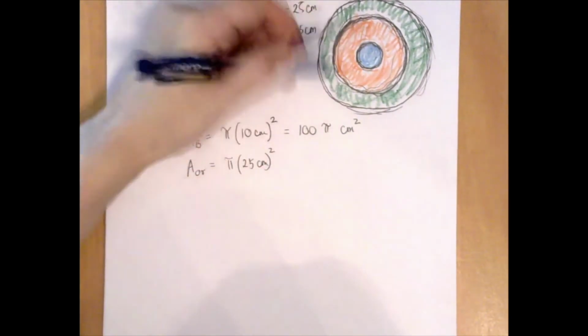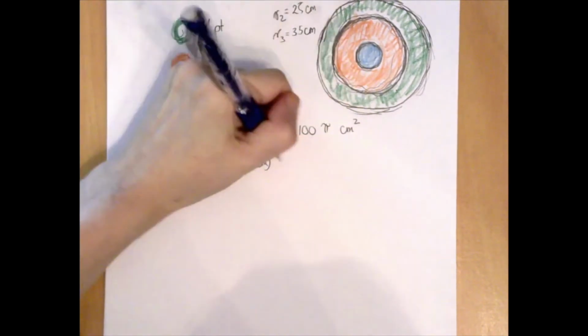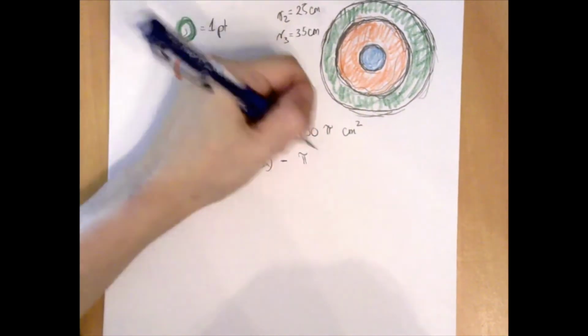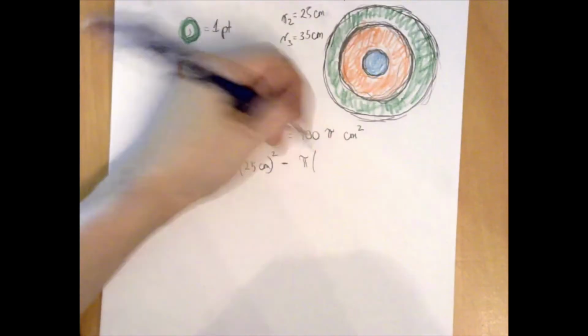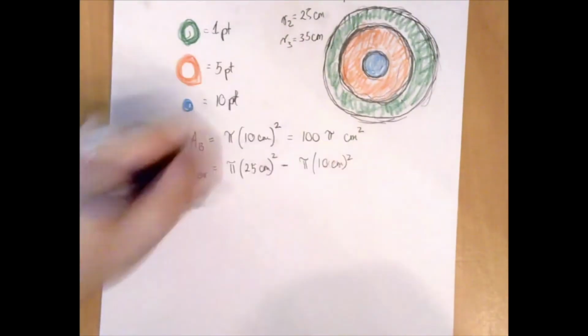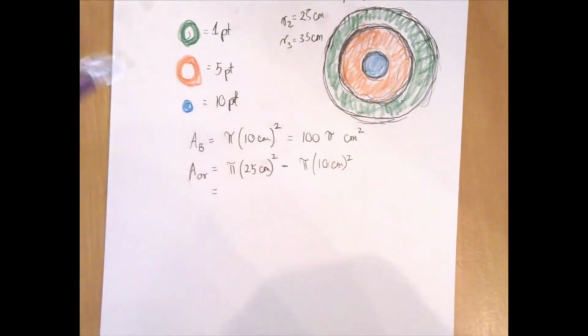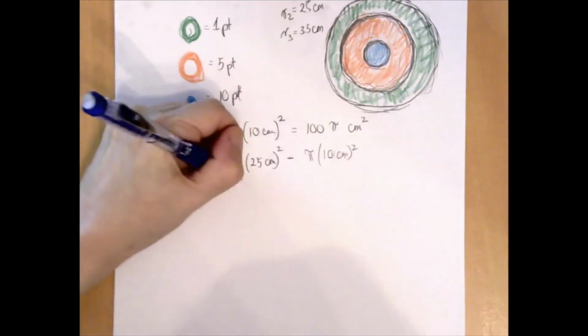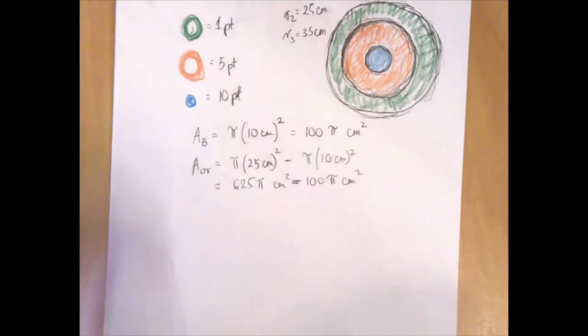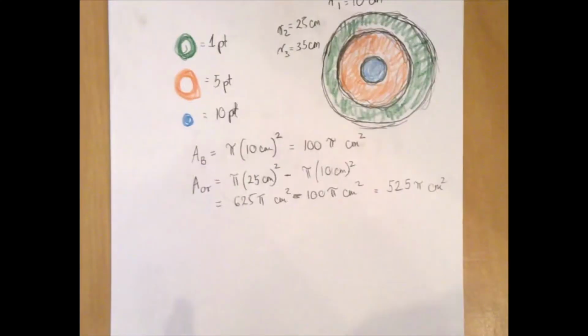That's the entire area, and from that we subtract the blue, pi times 100 centimeters squared. So we have 625 pi centimeters squared minus 100 pi centimeters squared, which is 525 pi square centimeters. That would be the area of the orange region.